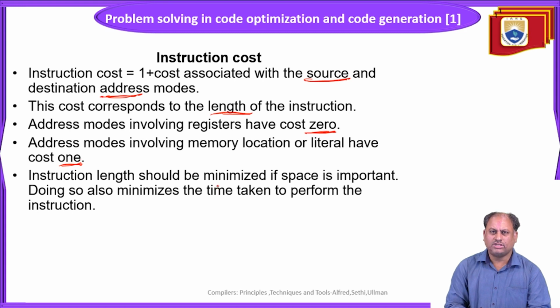So instruction length must be minimized because space is important. Many statements and many instructions require several registers, which require storage space. So that's why we have to minimize as much as possible, so that the instruction length and the time taken, both are considered.